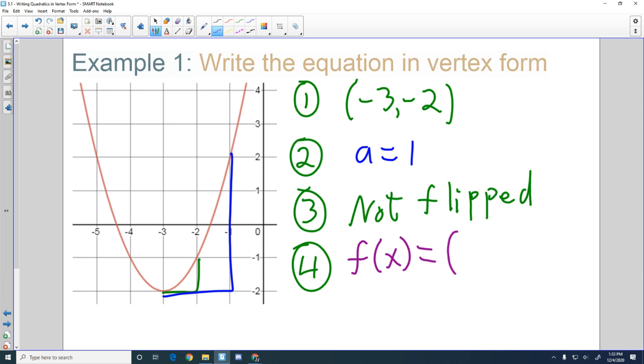There's nothing in front of the parentheses then. X plus 3 or minus 3? Plus, you flip the sign only for the x. Plus 3, and remember the exponent. Did you remember the squared? Yeah. And then what's going to come after this? Minus 2. Exactly, because the y coordinate of the vertex is down 2 units, so it's a negative 2. That's not too bad, right? Piece of cake. Man, this is easy when a equals 1.